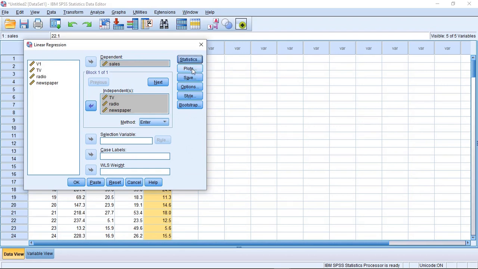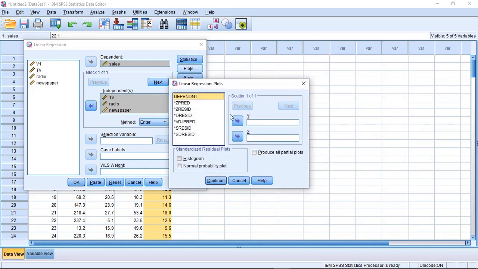Then below statistics, there is plots. On plots, we are going to plot the graph of residuals: the Z residual and the S residual. This one we put on the x-axis, then this one on the y-axis. Then we want to show histograms and normal probability plot.